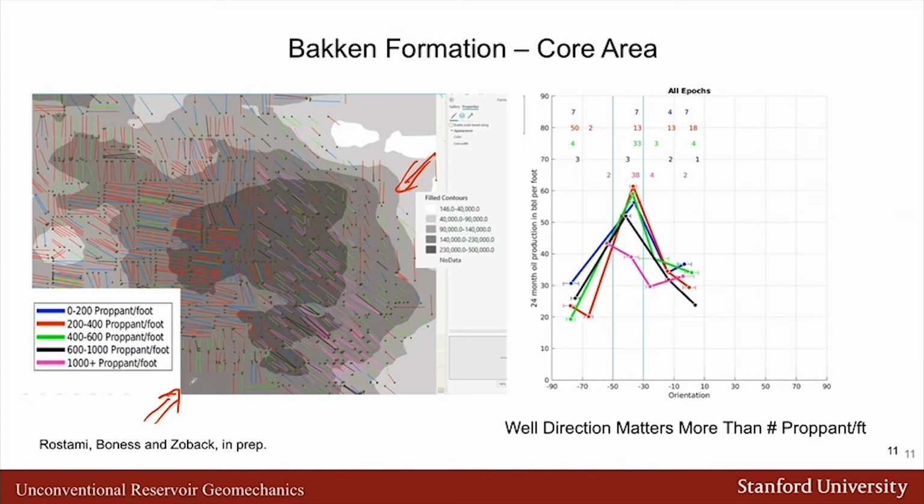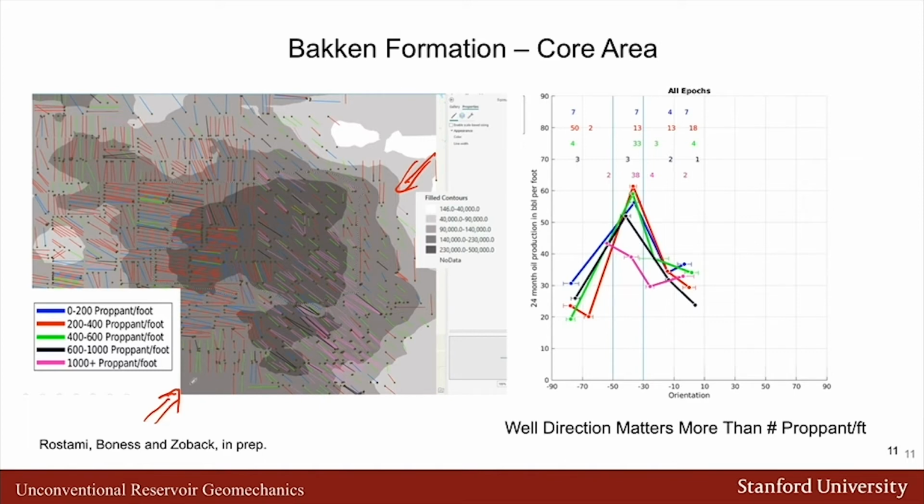more and more proppant was being used in these frac jobs, so we used the colors of the well lines to indicate 0 to 200 pounds of proppant per foot, that's the blue line, all the way up to 1,000 pounds or more of proppant per foot. So the blue represents the least amount of fluid and proppant, and the pink color represents the most.